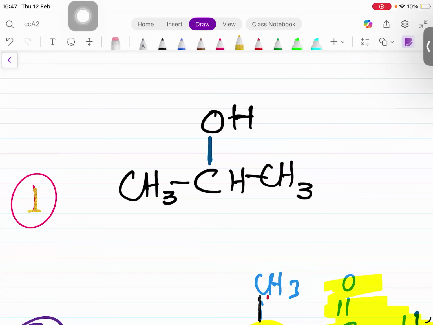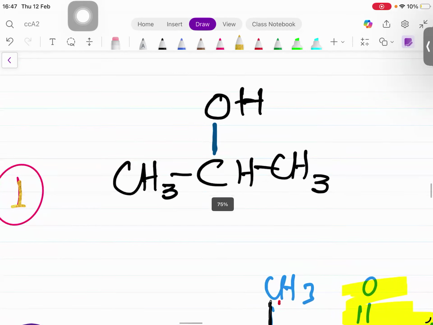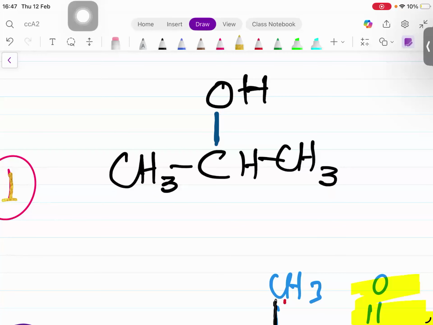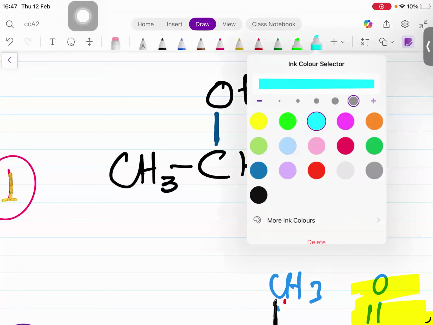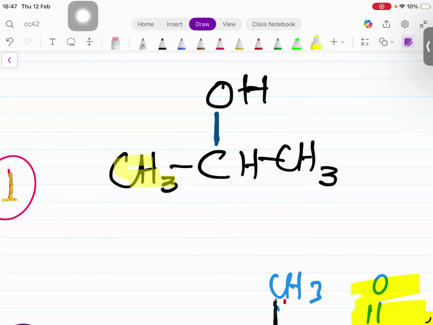What about this? How many peaks? One. Okay. How many peaks? One. Okay, and what will be the chemical shift value?